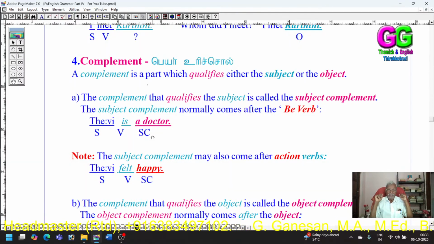Or you are a student. Here a student is the subject complement because a student qualifies you. It tells who you are. It normally comes after the be verbs am, is, are, was, were.